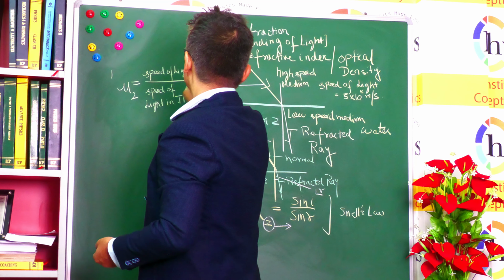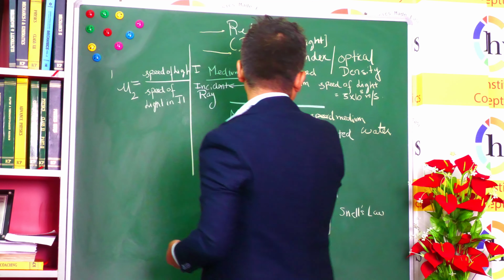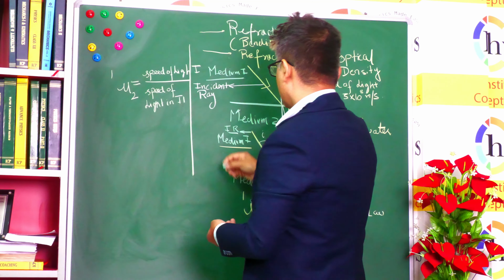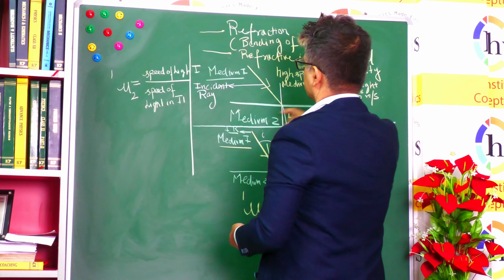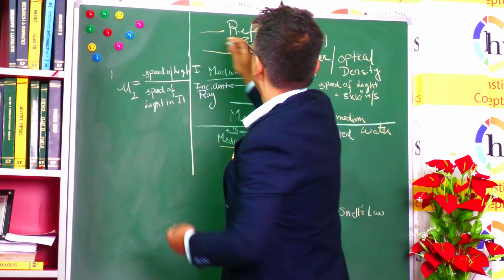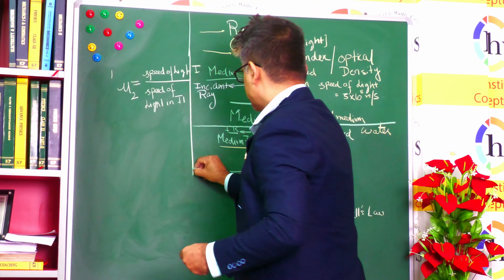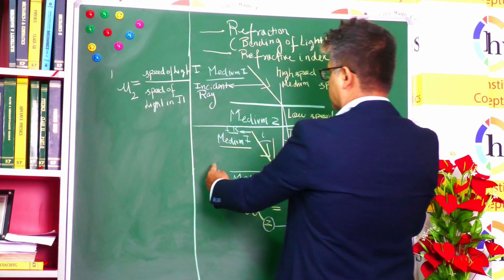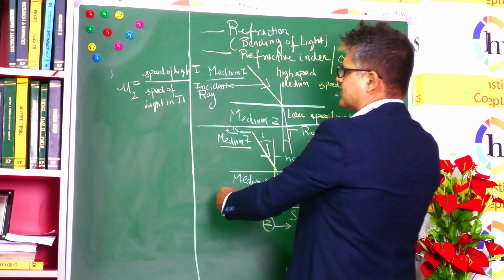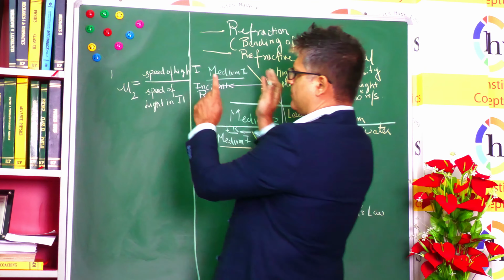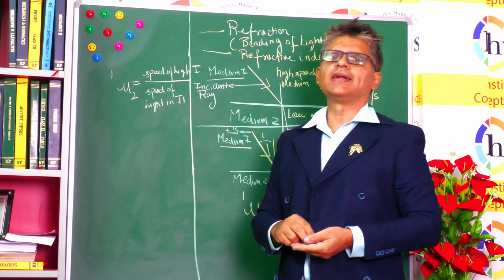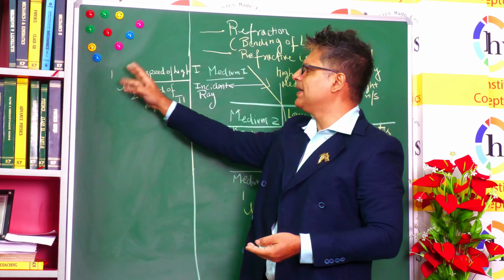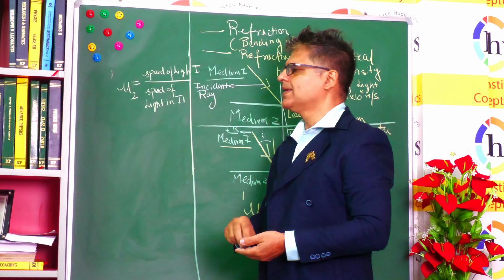I'll just bifurcate so that it's easy for you, and I will just draw a line here also so that you know this is the boundary. So what you studied here was the concept of refractive index, and what you're studying now is optical density, which is nothing but refractive index, but the expression has become the speed of light in medium 1 divided by speed of light in medium 2.